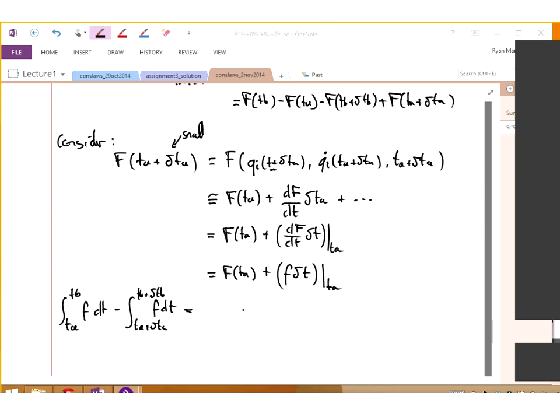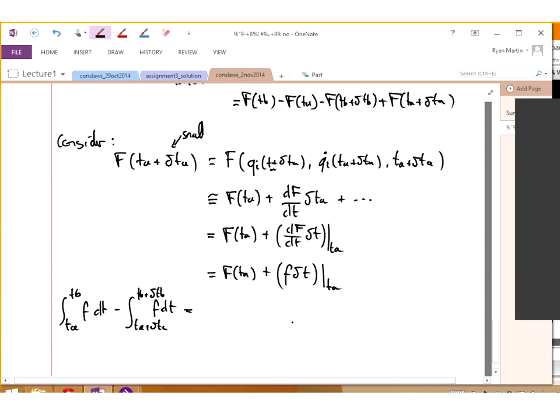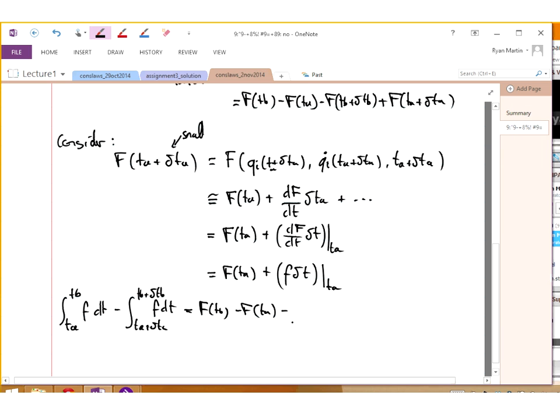Writing what I had above, that was capital F at TB minus capital F at TA, minus capital F evaluated at TB plus delta TB, plus capital F evaluated at TA plus delta TA. This is going to be all wrong in the notes, I hope it works out to the right answer.